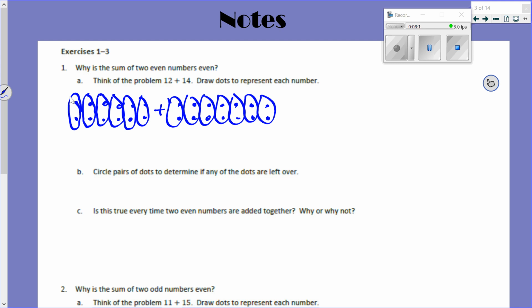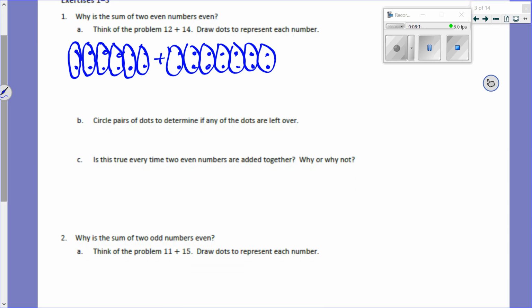They don't have to be perfect, guys. So is this going to be true every time I add 2 even numbers? Will I ever be able to do an even number where I don't have complete sets of dots? No, not on either side of that, correct? So why is it that it will always be even?